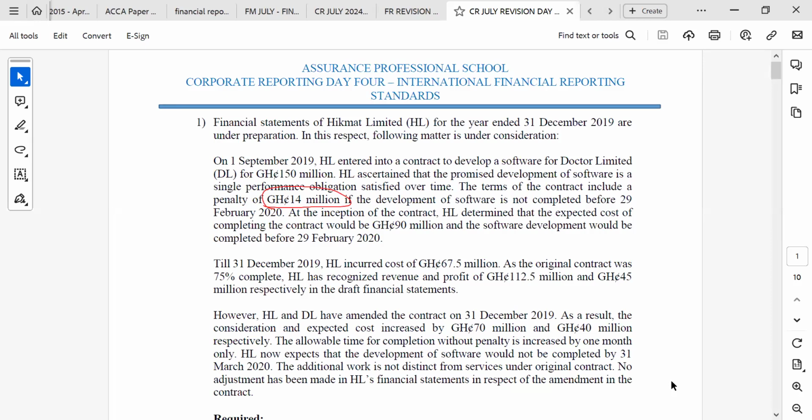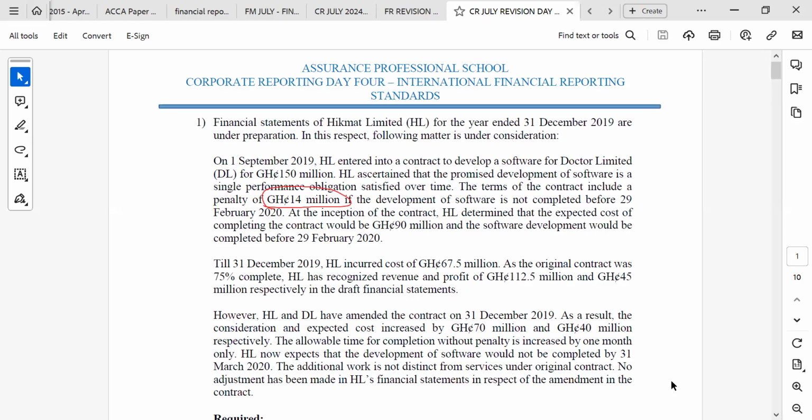If it is an additional amount that will be given to the entity, that if the entity is able to complete the work before this date, they will be given an additional bonus, the question is: is the entity certain that they are going to do this? If that is the case, add the bonus to the contract price. Okay, so since we are not going to be completing the work, it means that we are going to be paying the penalty out of the contract price.